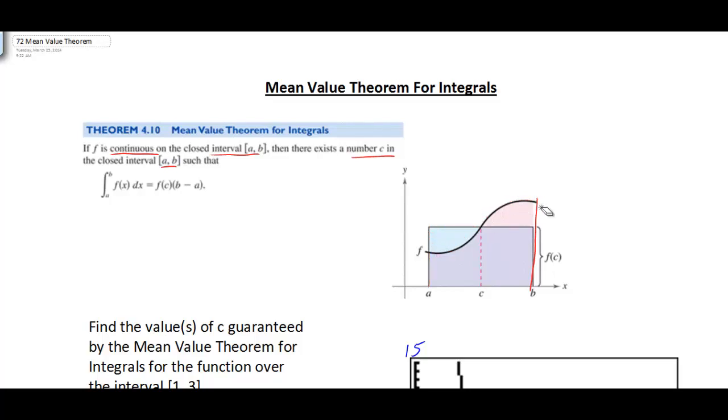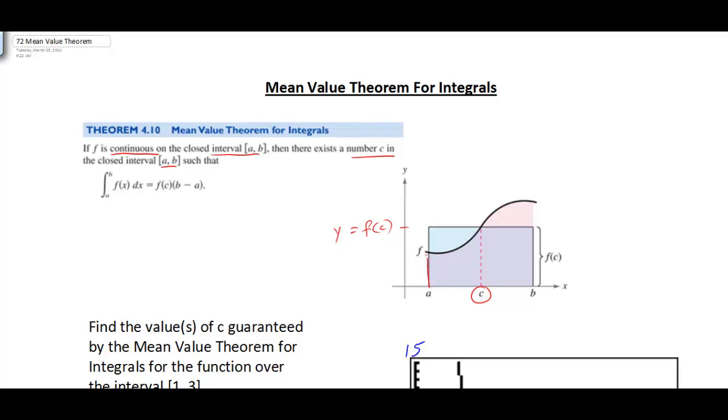What the mean value theorem states is that in between a and b there exists an x value, and we're going to call that c. So there exists some c value within the interval from a to b, which if we go up to the graph at that point, would give us this f of c, and f of c here is really just the y value at that point.